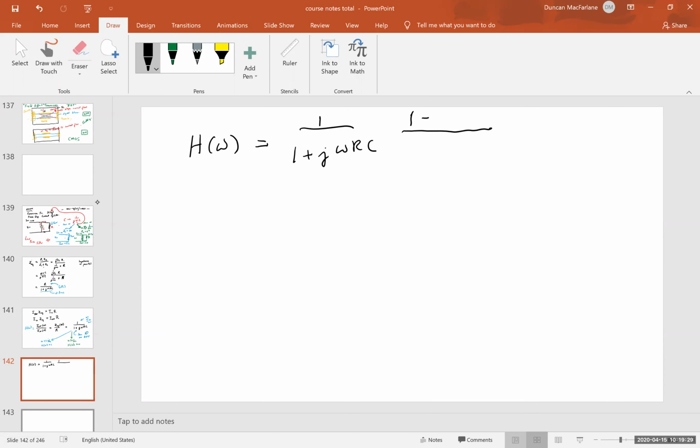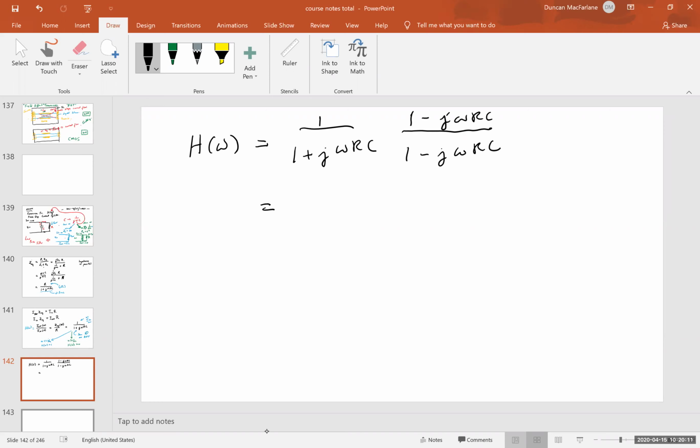I'm multiplying by 1 again, the complex conjugate of the denominator. And we looked at this weeks ago, so we know this is how we clear the square root of -1, the j, from the denominator, and therefore we're able to separate out H into a real and imaginary part, so that we're able to calculate what our phase response is and what our magnitude response is.